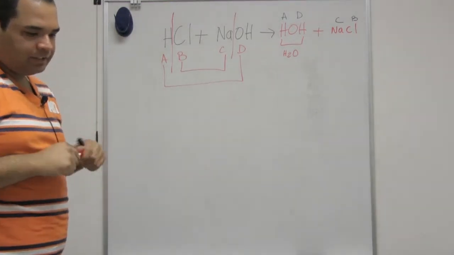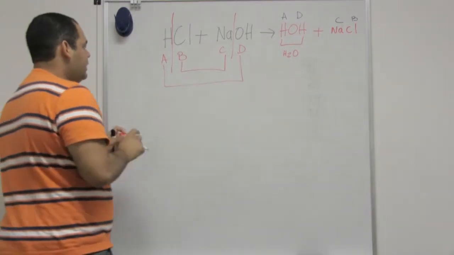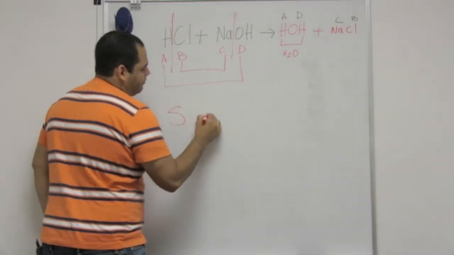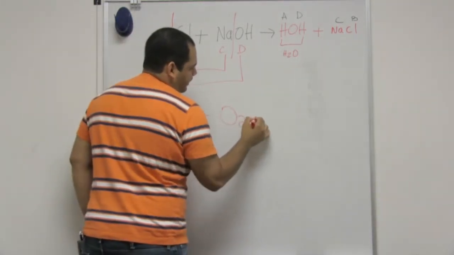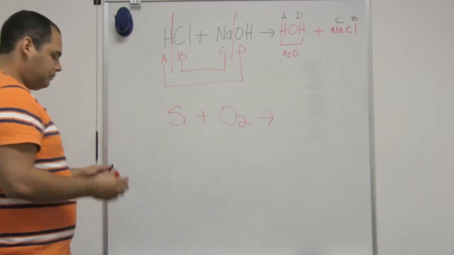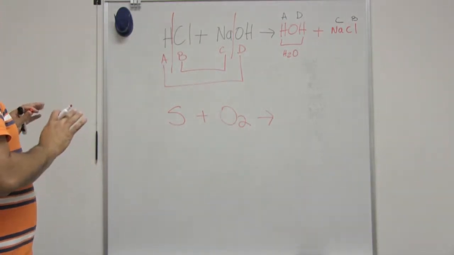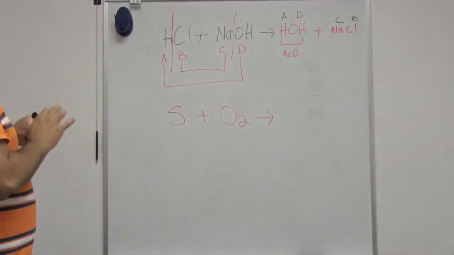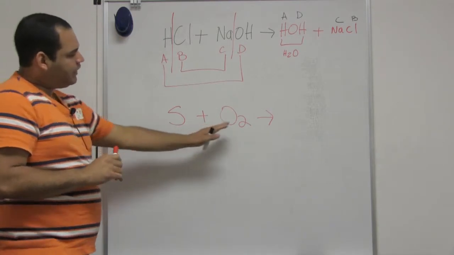So another example here that I have is sulfur and oxygen gas. So I look at this particular problem and I say, well, I have one element and another element.